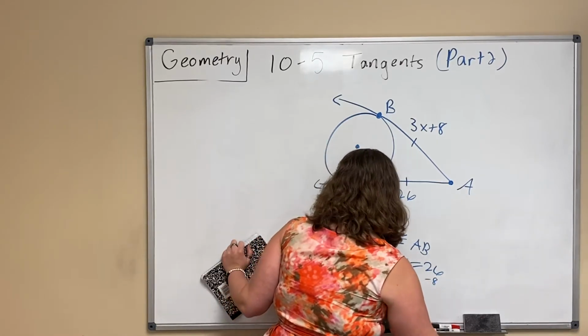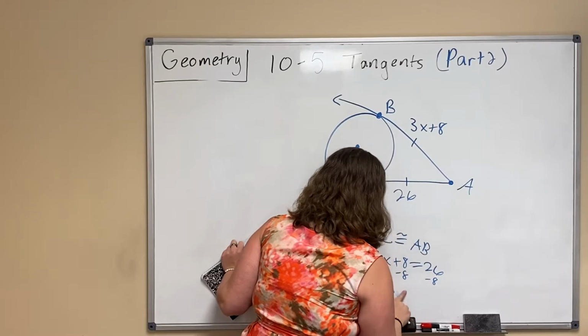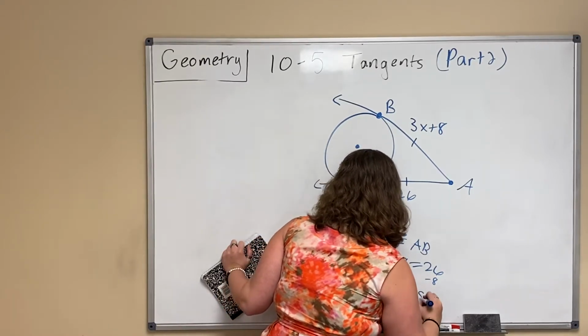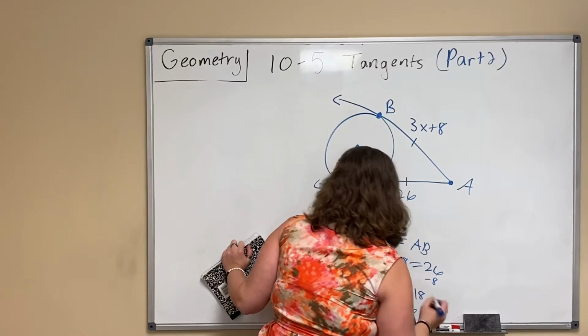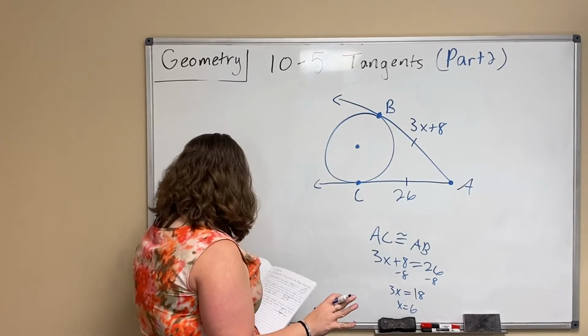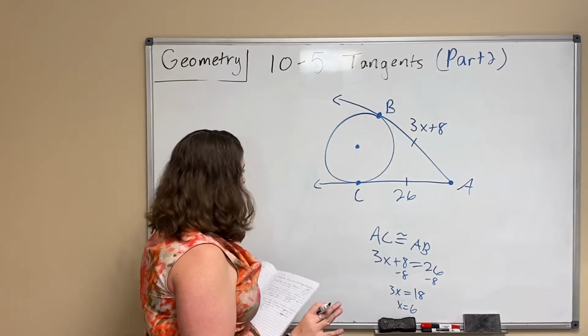Minus 8, so we get 3x equals 18, x equals 6. Pretty simple. I think you guys can do that pretty well.